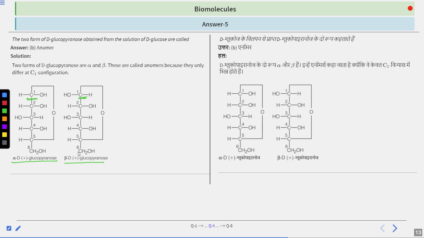All the other configurations around every other carbon are the same in both forms. If the configuration around one particular carbon is different between two structures and the rest of the structure is the same, they are called anomers. That is why the two forms of D-glucopyranose, alpha and beta, are called anomers. So our correct answer is option B, anomers.